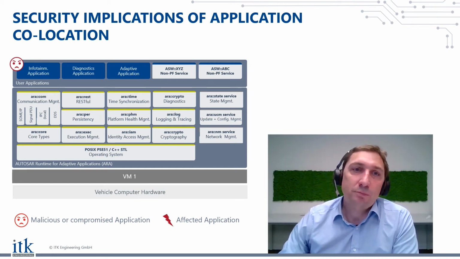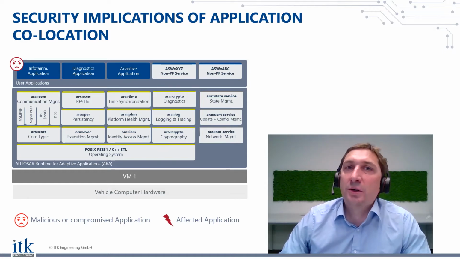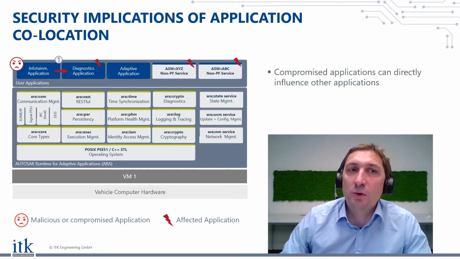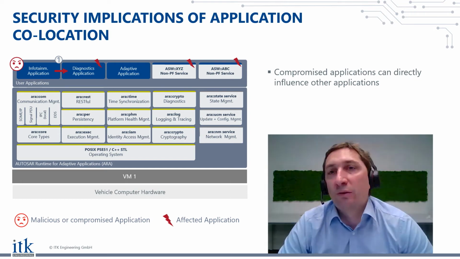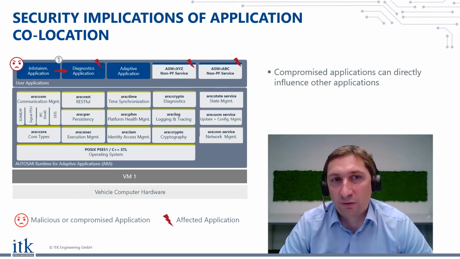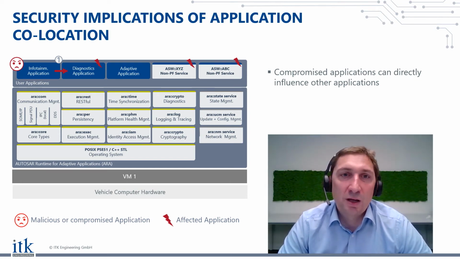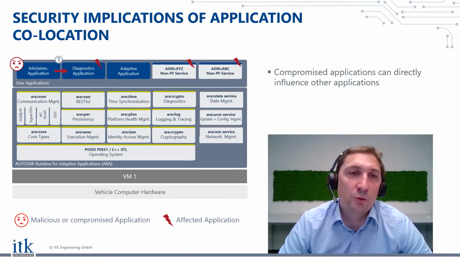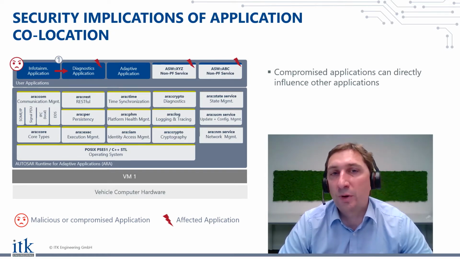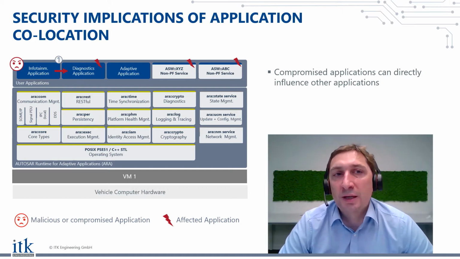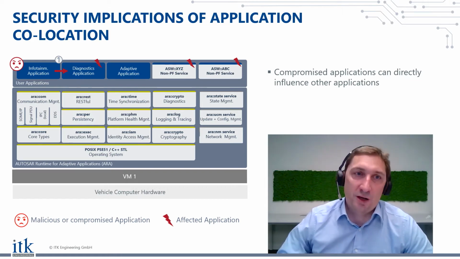If you have no further security measures, the attacker will be able to influence all the other applications. The attacker can exhaust resources, CPU, RAM, can call interrupts, or can misuse interfaces exposed by the other adaptive applications.